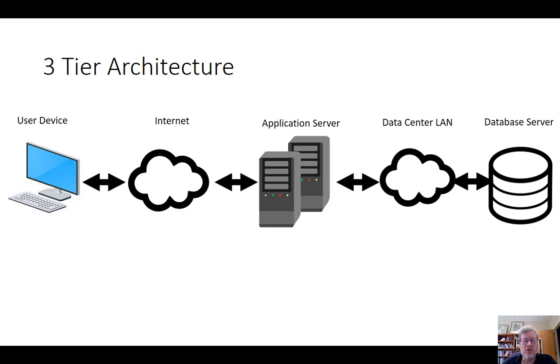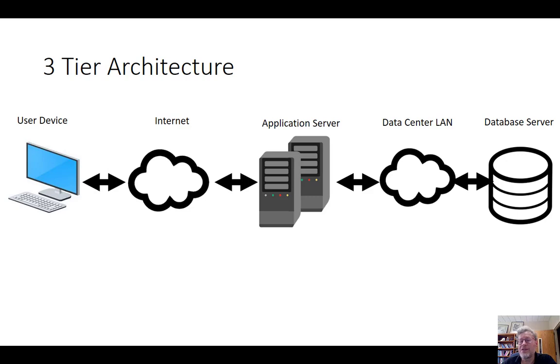It talks over the internet, so it can be anywhere in the world, to some application servers. They're typically in a big data center. They talk to these application servers using standard internet protocols. And we'll see in a minute what runs on the application server. Guess what? It's applications. And then those in turn talk over a network.